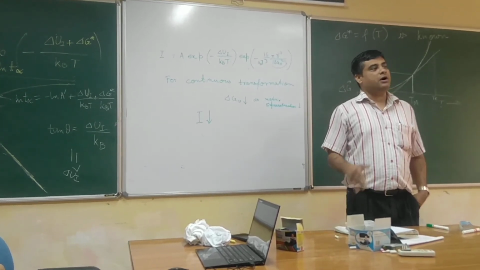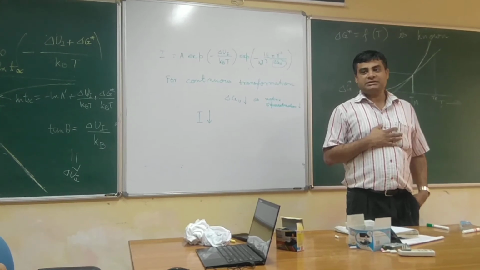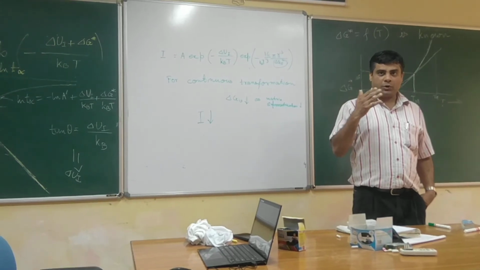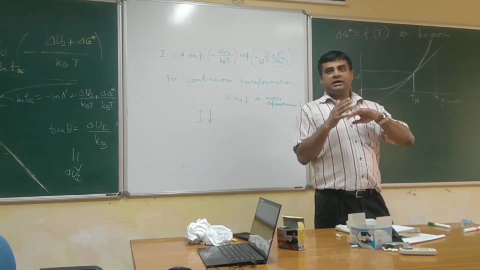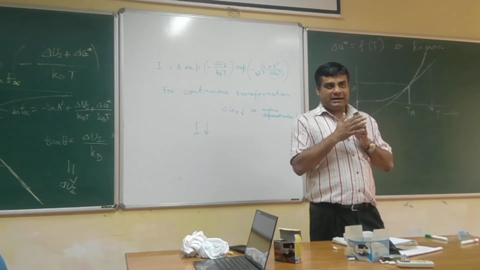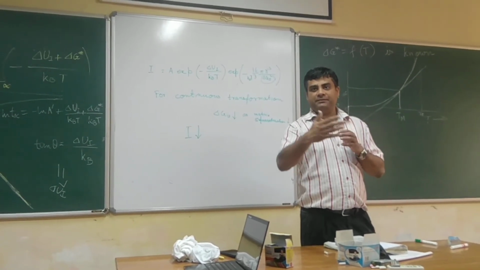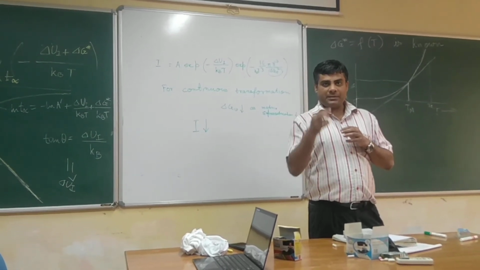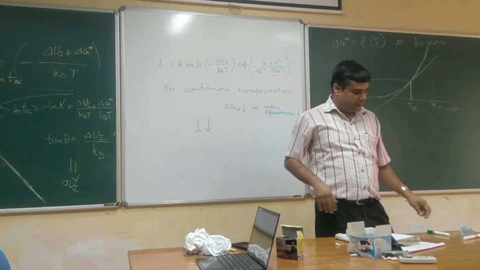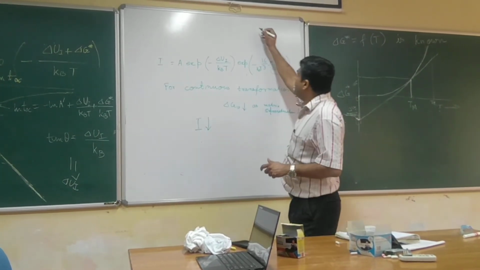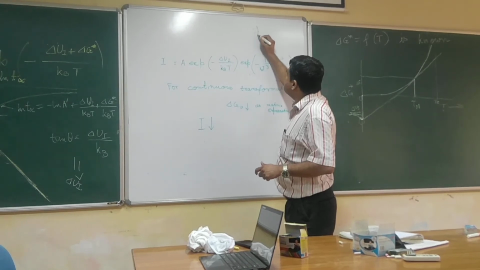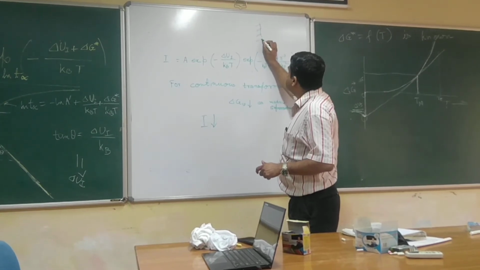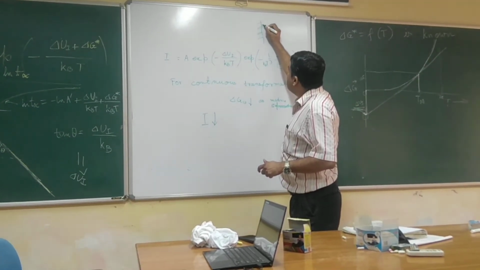However, this is not the case for discontinuous transformation. Discontinuous transformation, until and unless the product front, for example, you take Toy transformation, until and unless it sweeps over the part of the austenite phase, the austenite composition does not change. Whatever diffusion happens just in front of that, so diffusion happens like this.